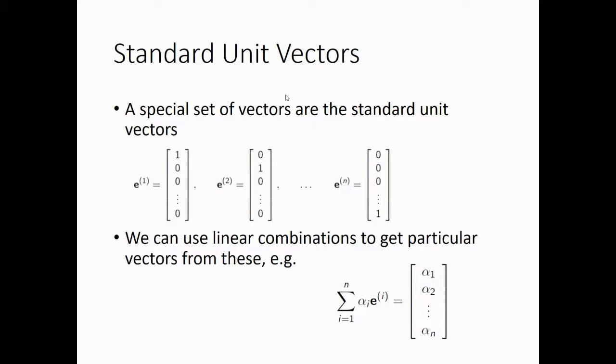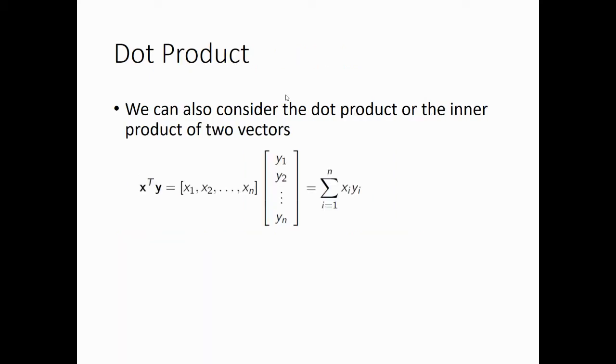We can use a linear combination of these to get particular vectors, where alpha here is a scalar. So any vector can be written as a linear combination of the standard unit vectors along with particular scalars. We can express matrices or vectors in that way.